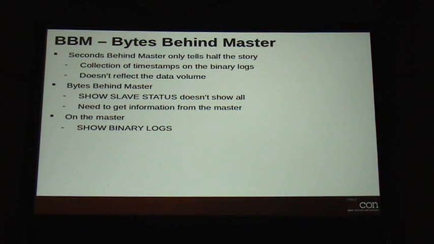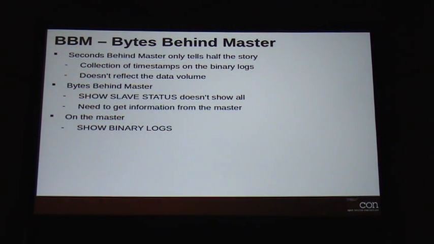However, when you calculate bytes behind master, these binary logs are rotated. So every so many bytes, there is a parameter you can set up, it closes the current file, opens a new one, and starts writing to that one. However, depending on the size of the transactions, it rotates as soon as it passes the size that has been set up on the parameter. So it's not a fixed size. They vary slightly.